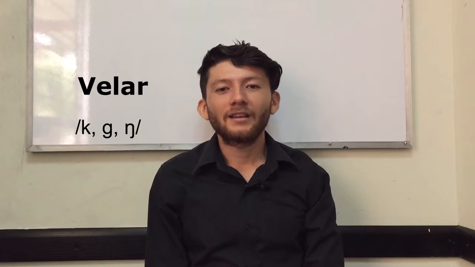There we have consonant sounds like k, g, and the last one, ng. Glottal, referring to the glottis, where the consonant sounds are produced by the closing of the vocal folds, producing the friction, and there we have a consonant sound, that is h.